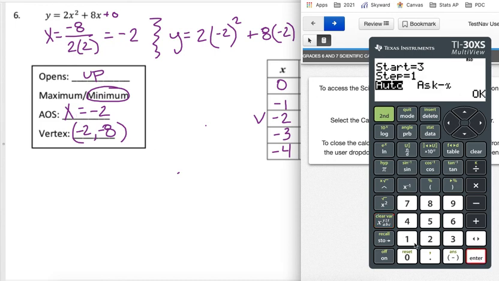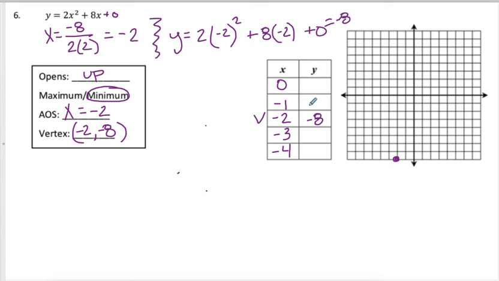I'm going to start at negative 2 where my vertex is, step by 1, and it'll generate it for us. There's our negative 1 at negative 6, and our 0 was at 0. Hey, so it goes to 0, 0. So now at negative 1, I'm going to go 1, 2, 3, 4, 5, 6.